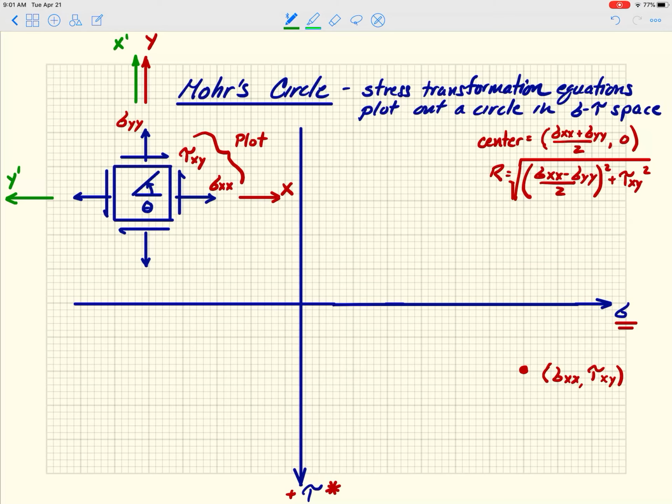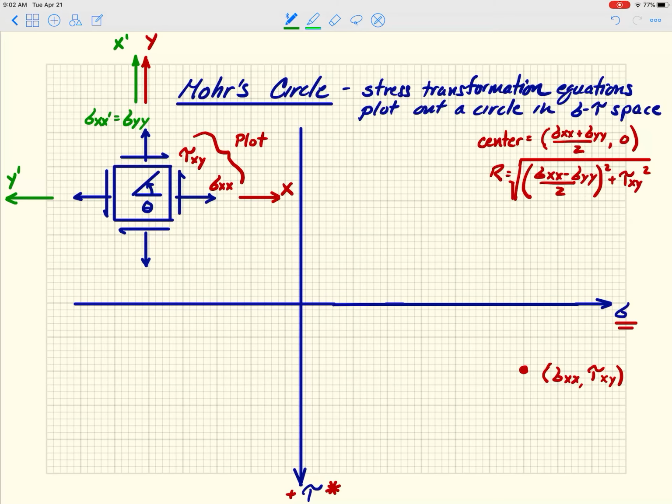So instead of x pointing to the right, it's pointing up, and instead of y pointing up, it's pointing to the left. And now what I want to do is plot these guys. In fact, I'm going to erase this, and I'm going to write that sigma xx prime equals sigma yy.